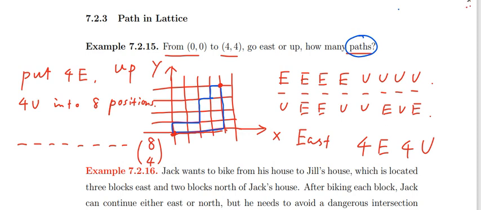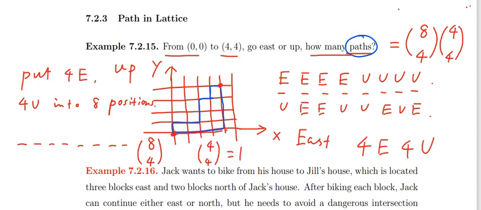So the number of paths equals this: from 8 positions, we pick 4 positions for east, and for the other 4 positions, choose 4 to put U, but 4 choose 4 is just one way, right? So the answer is 8 choose 4.